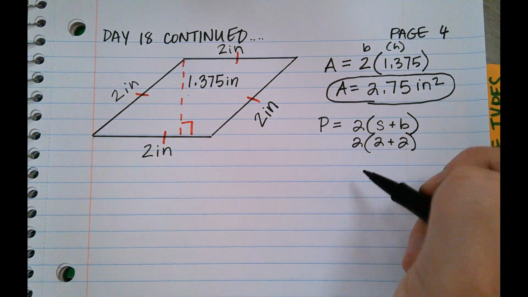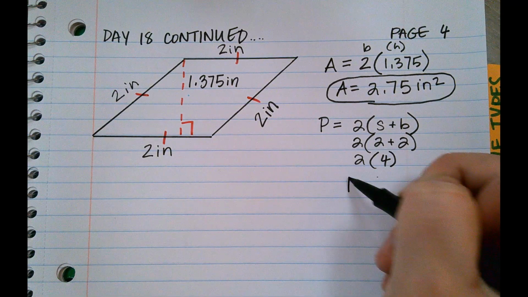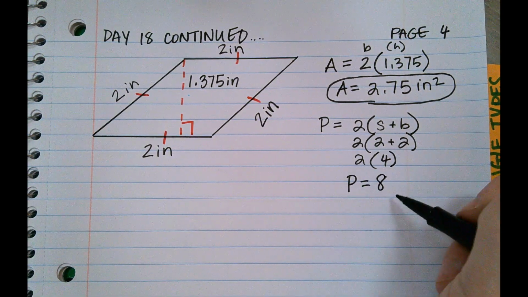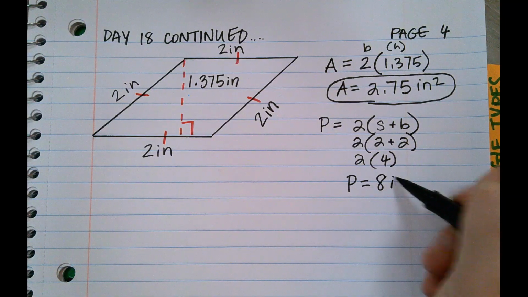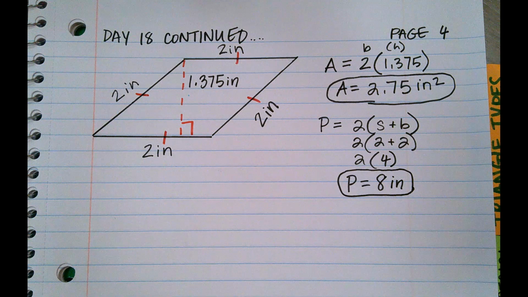We get 8. Eight what? Inches. Yeah, 8 inches. Area and perimeter, that's what we've been doing today.